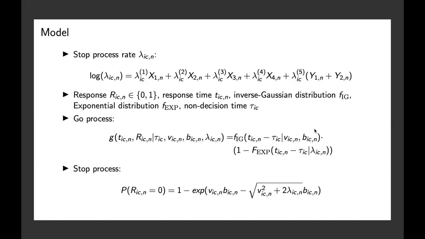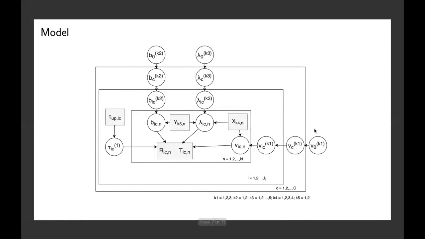Therefore, we have closed forms for the go process distribution and the probability to cease response with the stop process. This figure shows the full diagram of the hierarchical Bayesian model.